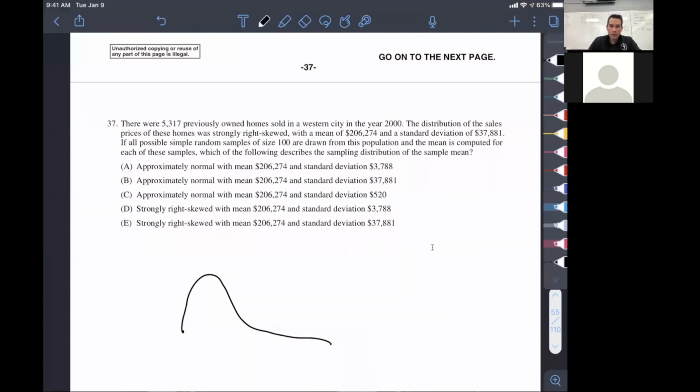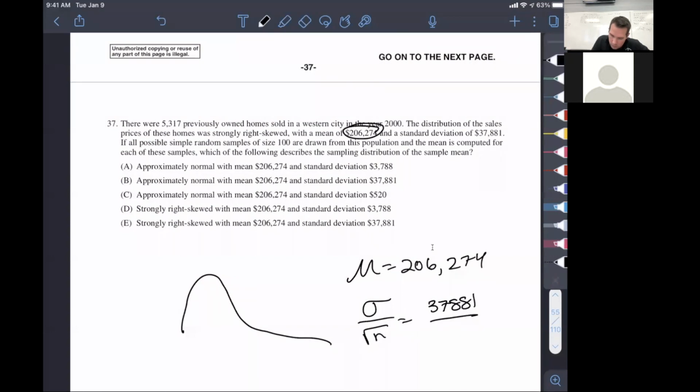So first off, if I have a sample size of 100, then I am going to get closer and closer to the population mean, which is 206,274. My standard deviation is going to shrink as my sample size goes up. So it's going to be standard deviation over the square root of n, which is 37,881 over, well, it's 100, so that's over 10. So that's pretty easy.